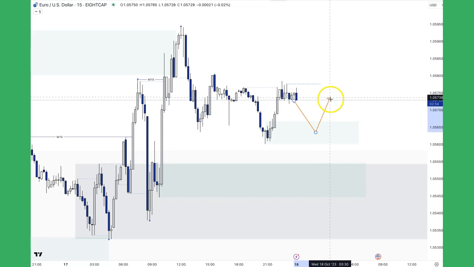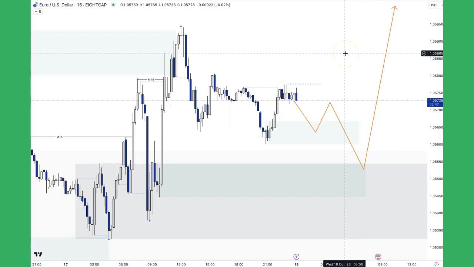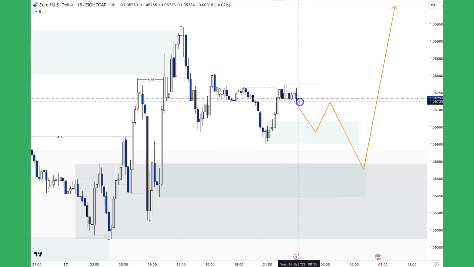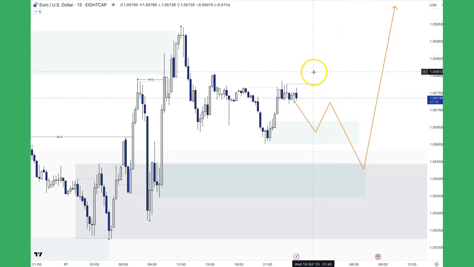The other is that it bounces and goes down further, and then does this. I don't know, we'll wait and watch, or probably it just goes up, and yeah, we'll wait and see what really happens once London opens.